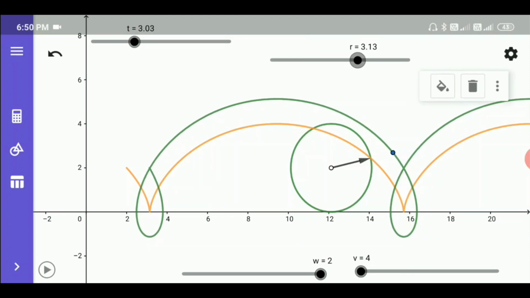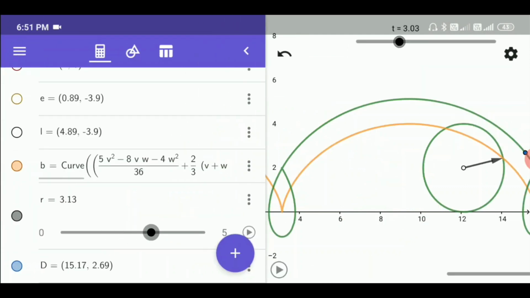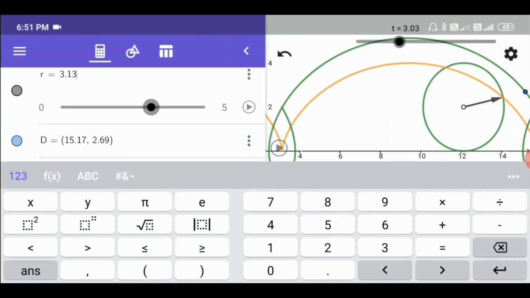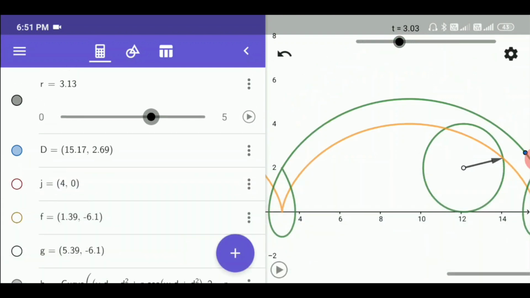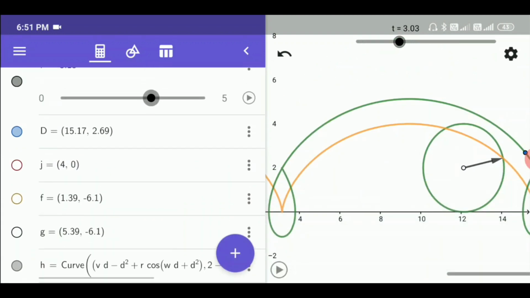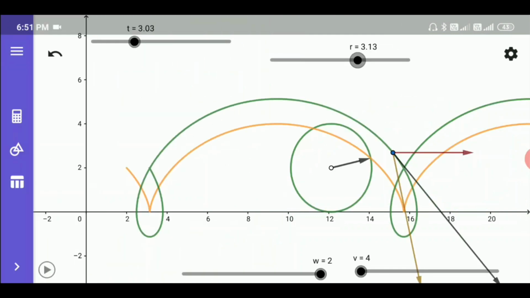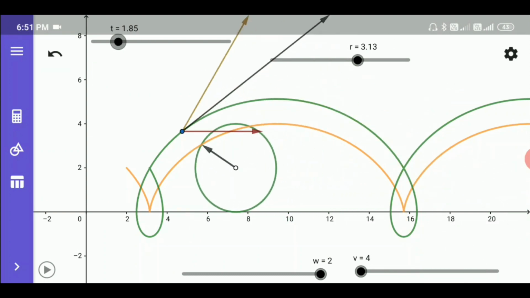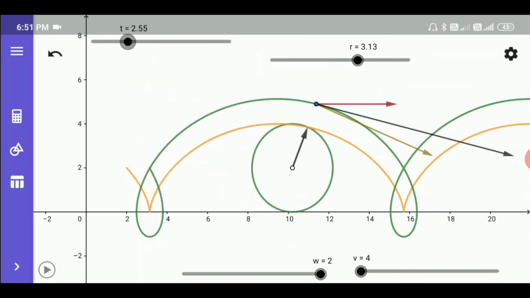Now this is very interesting. It has now gone past the cycloidal curve, and if you want to see with the help of the vectors, I can again bring back those velocity vectors. Those will be this and this, so you can compare the vectors also.